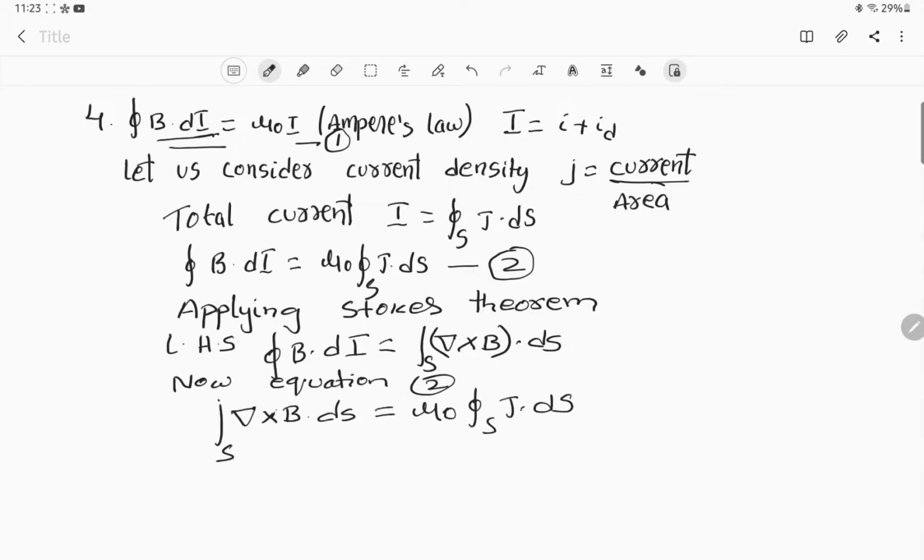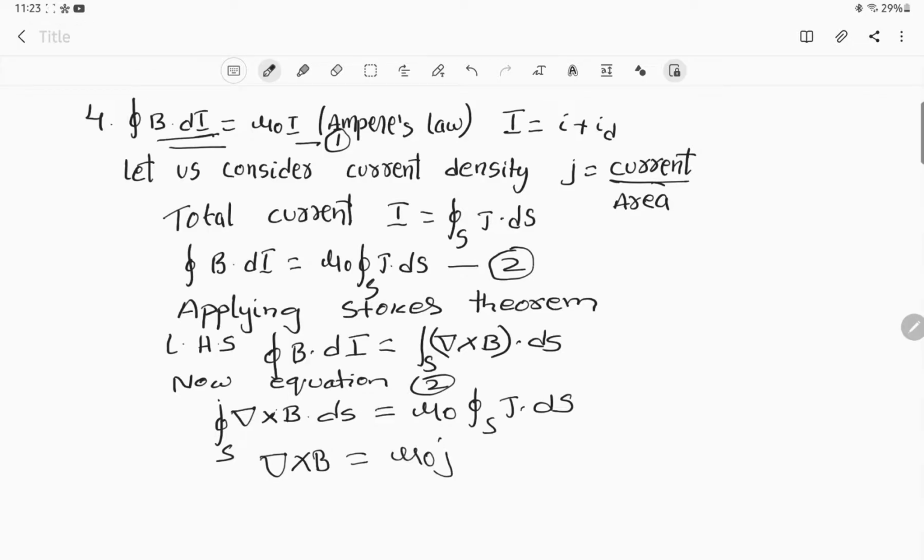You can remember this fact that this is also a surface integration, on the left hand side and the right hand side. So now I can write del cross B is equal to mu naught J.